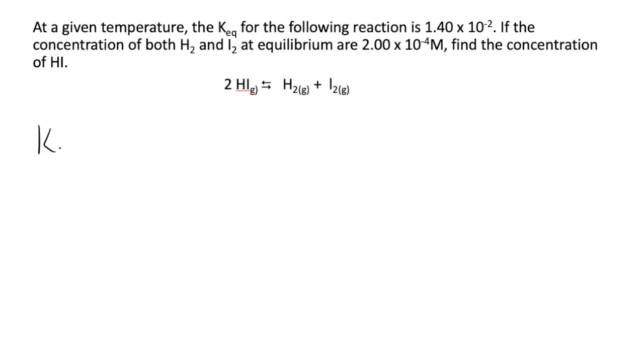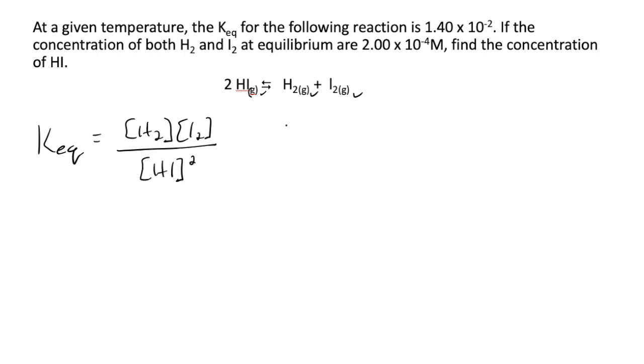We will still follow the same process, but then just solve for the missing concentration. So beginning with our equilibrium expression, we have our concentration of H2 times our concentration of I2, because everything here are gases, so we're going to include everything in the equation, all over the concentration of HI raised to the second.